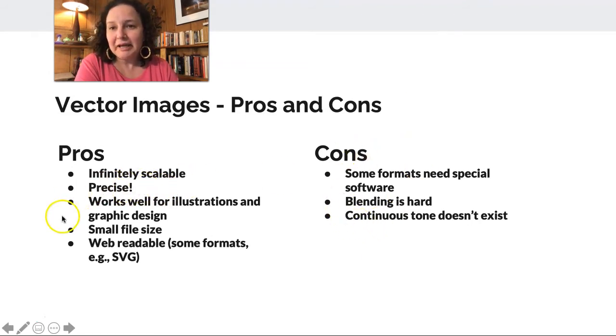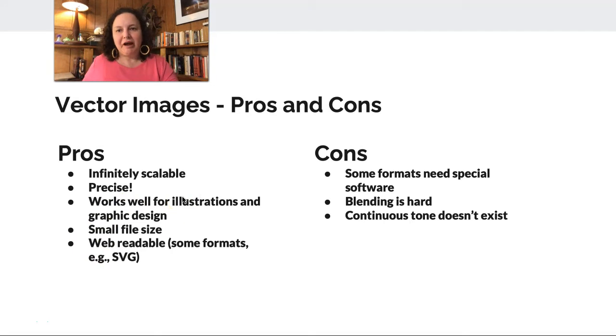If you're doing any kind of mechanical design or CAD work, then you definitely want to be in a vector space. As I pointed out before, it works really well for illustrations and graphic design. Anything where you want a crisp boundary between two colors, a vector image is going to be a good choice. For example, most logos are designed in a vector format.